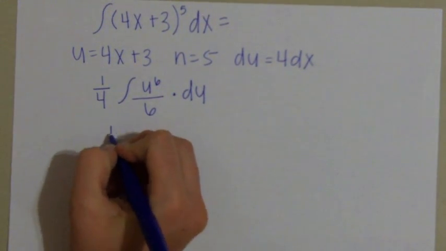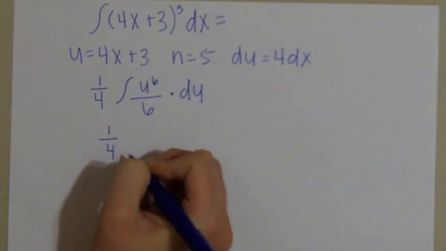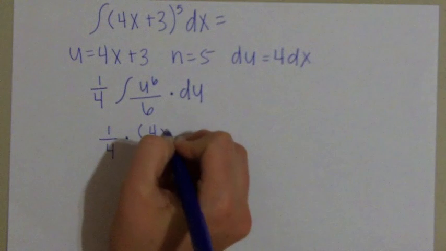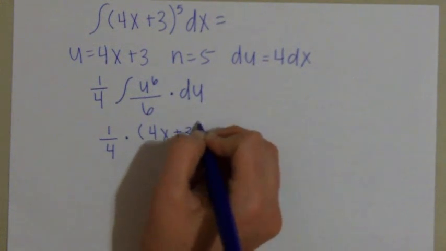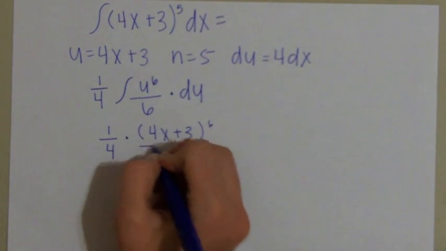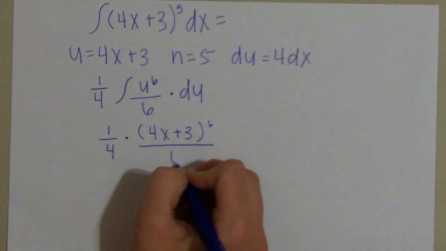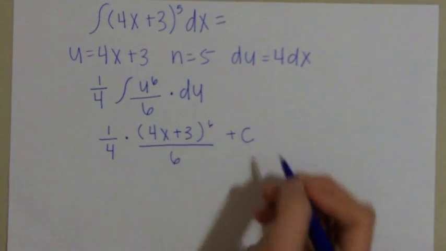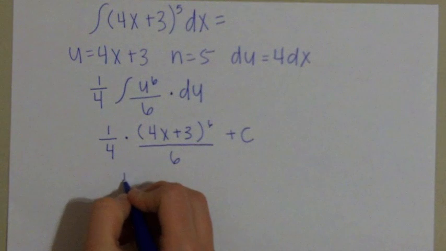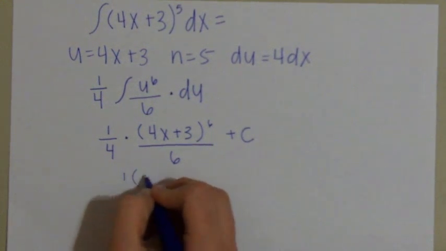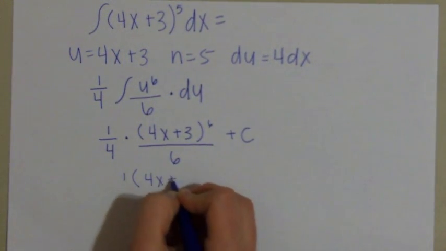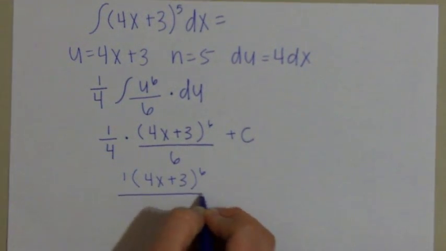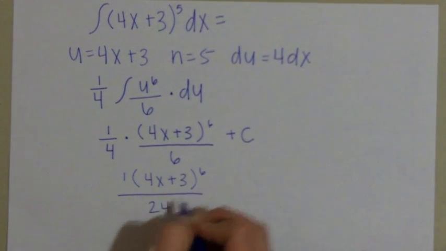Then we find the integral, which gives us 1/4 times 4x plus 3 to the power of 6 over 6 plus c. We now multiply the fractions, which will give us 4x plus 3 to the power of 6 over 24 plus c.